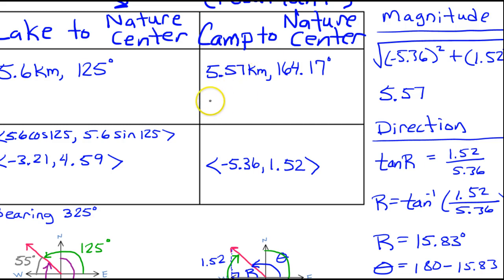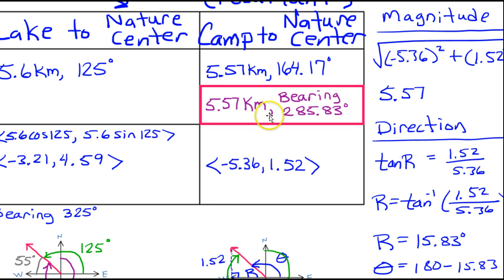So I'm going to say 5.57 kilometers, and bearing, for bearing you have to use the word bearing, okay, and bearing 285.83 degrees. So this is the final answer. Let's put a box around it. Boom!